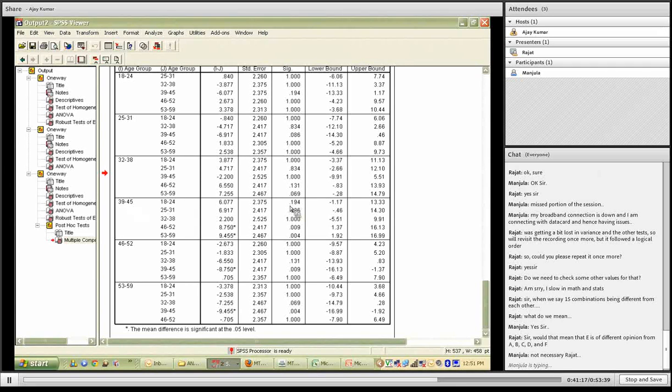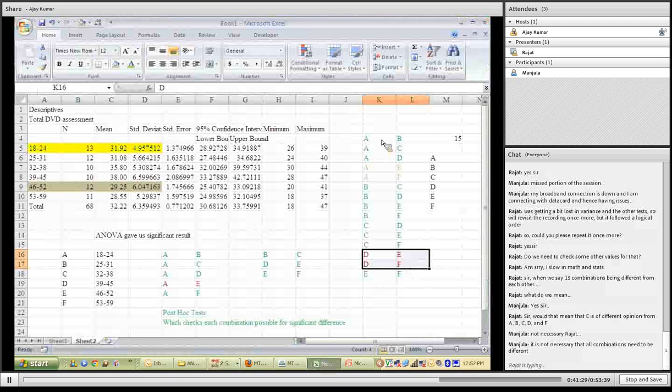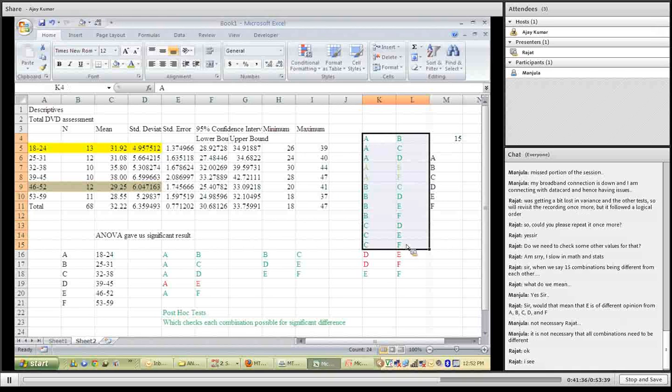This is also not different from B, which is 25 to 31, because this value is larger than 0.05. So that is what I have tried to depict here, that only these two combinations are different. The rest of them are of equal opinion, we would say, as far as their opinion about DVD score is concerned.